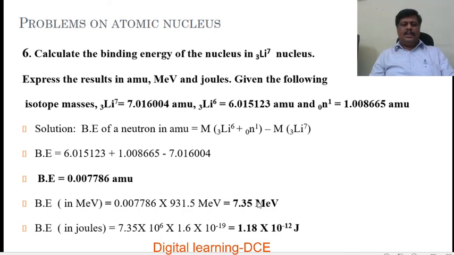So again convert this electron volt into joule by multiplying this value with 1.6 into 10 power minus 19, because 1 electron volt is equal to 1.6 into 10 power minus 19 joule. So 7.35 into 10 power 6 into 1.6 into 10 power minus 19. After multiplication and simplification, we get 1.18 into 10 power minus 12 joule.